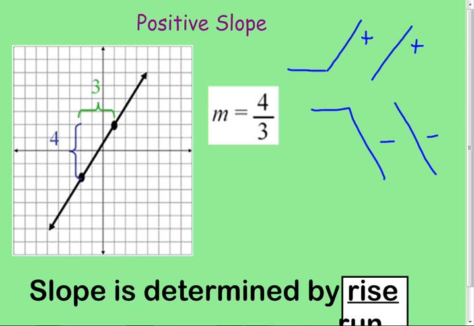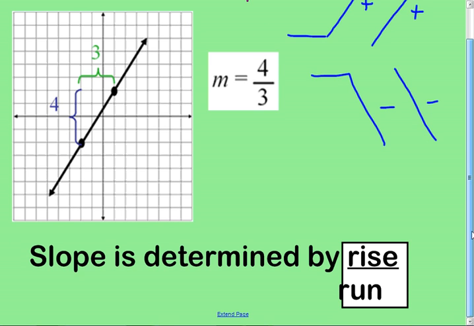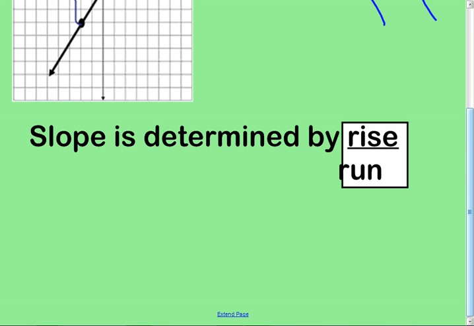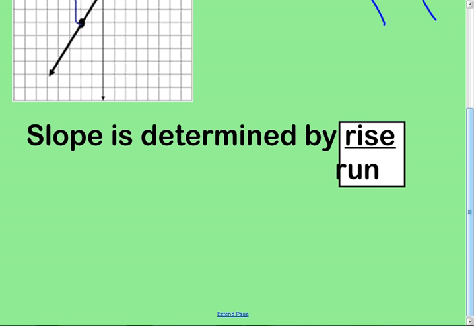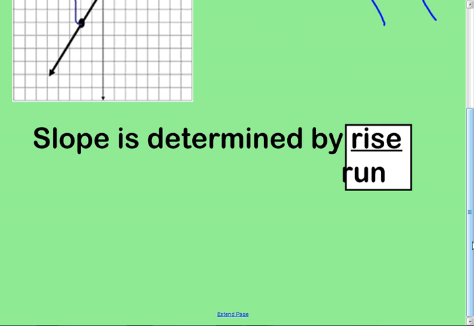Now, it's always a ratio of rise over run. And you have to get that straight. This is the y value, this is the x. We could have done it the other way around, Michael. Michael, you need to focus.